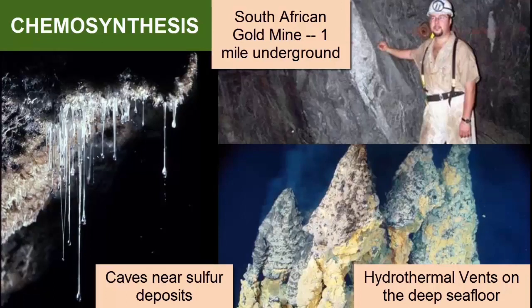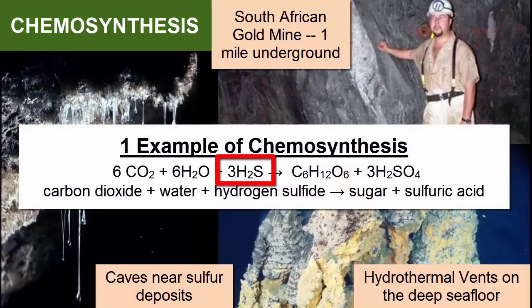We see chemosynthesis happening today in a number of dark locations, including deep underground mines, at the bottom of the sea floor where gases seep out of cracks and sediments, and in caves near sulfur-rich mineral deposits. In all these locations, autotrophs use energy to combine surrounding ingredients and form sugars. Any of these locations could have been the cradles in which early life formed on Earth.